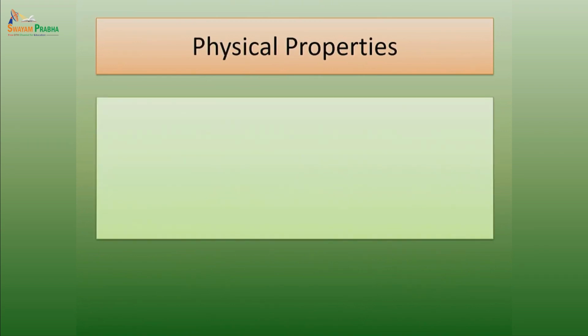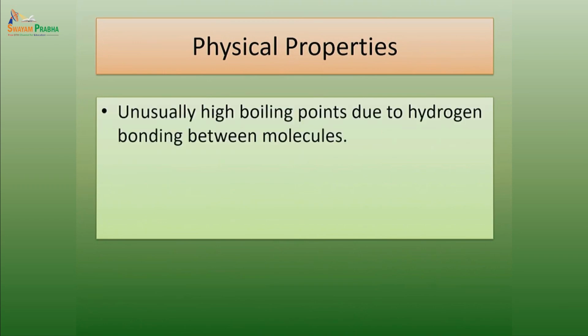And if you look at physical properties, they have a high boiling point compared to similar alkanes. The reason is that the water molecules and the alcohols can all form hydrogen bonding.